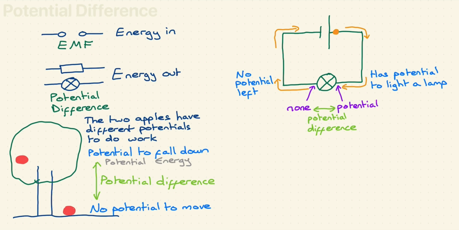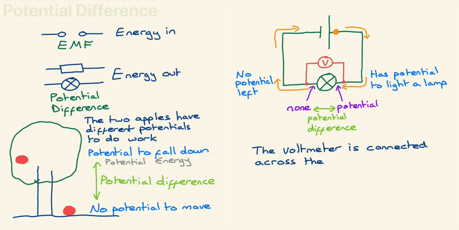And that's why, to measure potential difference, we put one probe here and another probe here. We put the measurer here, and that's the voltmeter. We connect the voltmeter across the component we want to measure, because we want to know the difference in potential before and after the component.